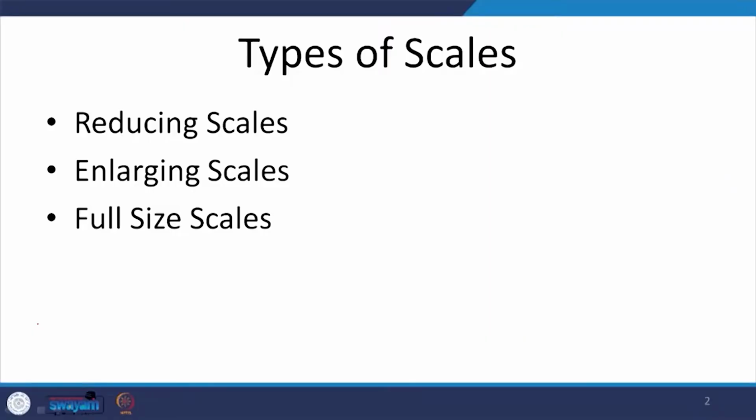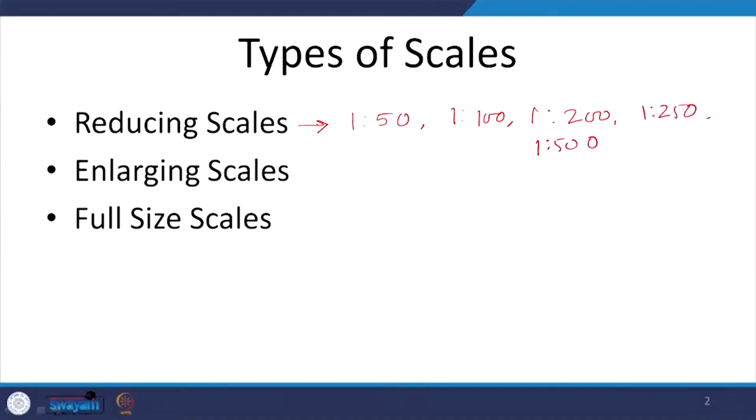So, any scale where we have 1:50, 1:100, there could be any scale for that matter, 1:200, 1:250, 1:500, all these scales where one unit represents a larger number of units, that is a reducing scale. Here the real object will be much bigger than what will be represented on the sheet.